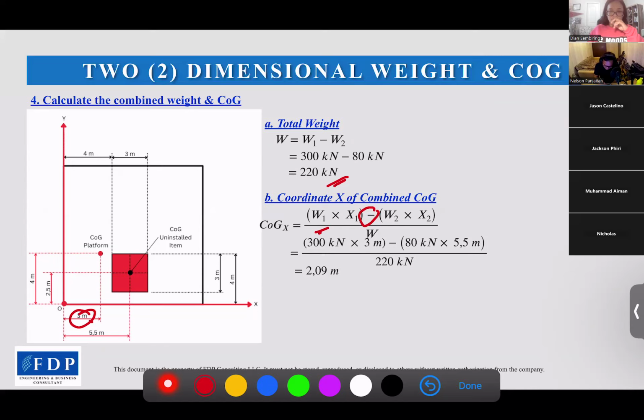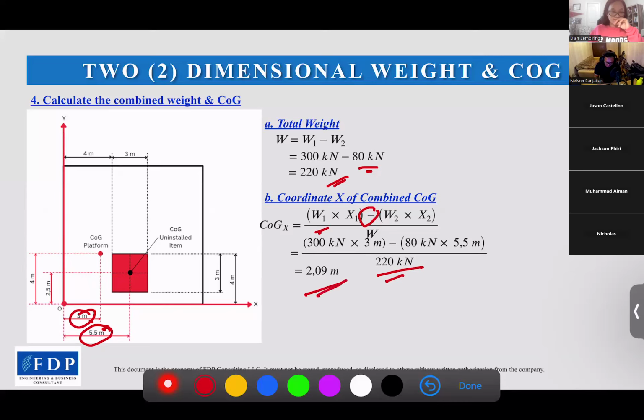So minus the weight of item 2, the uninstalled item, 80 kilonewtons times 5.5 meters, the COGX of the uninstalled item from the origin point. And then we divide it by the total weight, 220 kilonewtons. So we get the COGX is 2.09 meters.